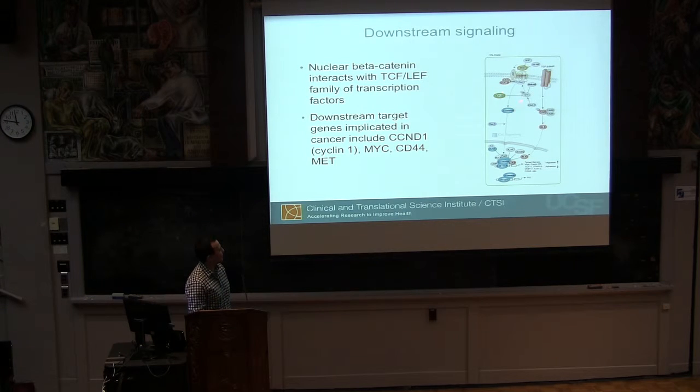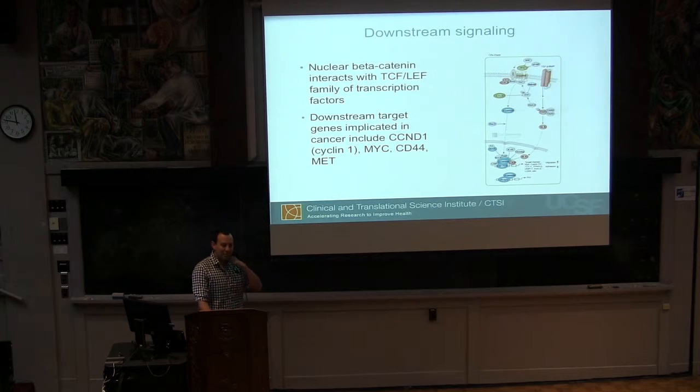But what you end up having is this beta-catenin here, and it's usually in a complex and can't go anywhere. Then this signaling causes it to release from the complex and go down here, where again you see MYC, CD44, CCND, all these, and then MMP7.